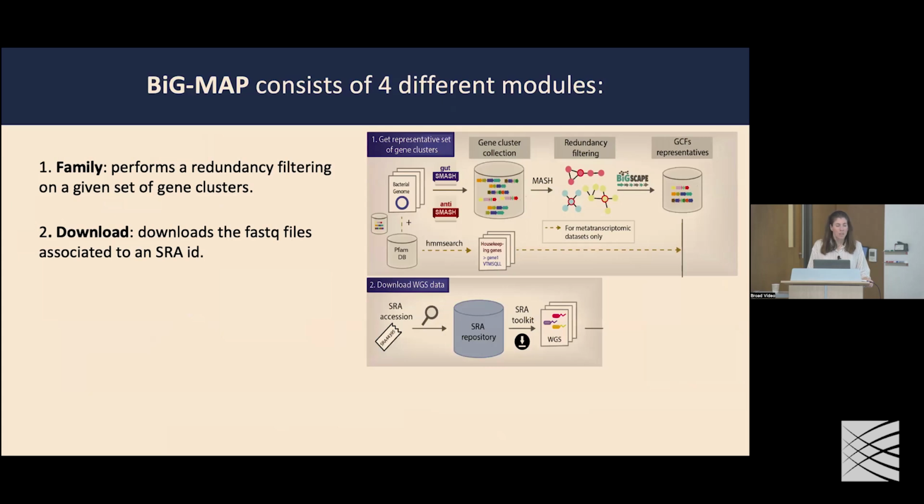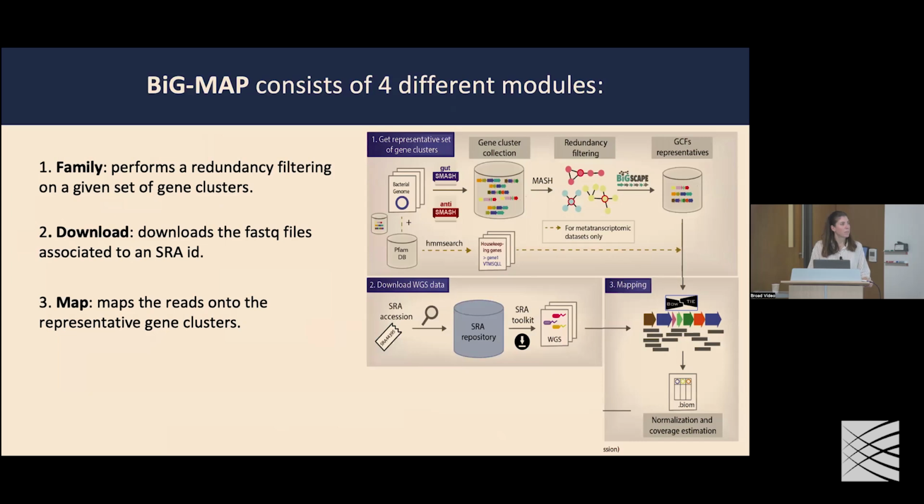Then we have the download module that downloads the FASTQ files associated with an SRA ID. This step is optional, of course; if the user already has the metagenomic or metatranscriptomic data, this step can be skipped. And then we map the reads onto the representative gene clusters using bowtie.